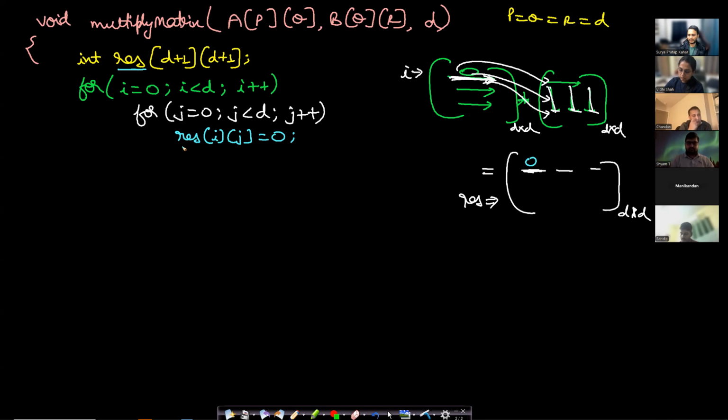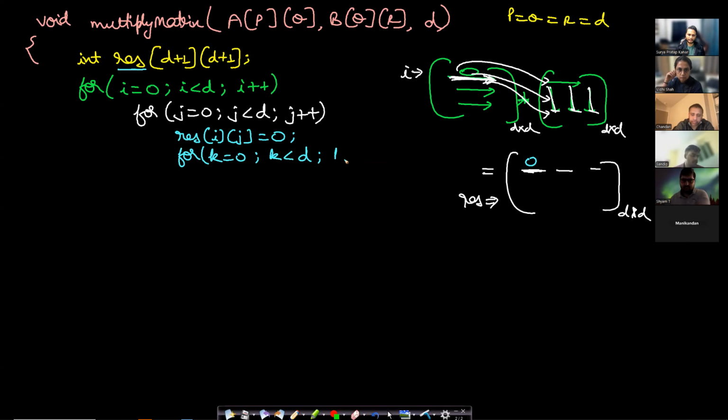And then I have to take another iterator, isn't it? So what should be the third iteration? Let's say it is k equals 0 to k less than dimension D, k plus plus.